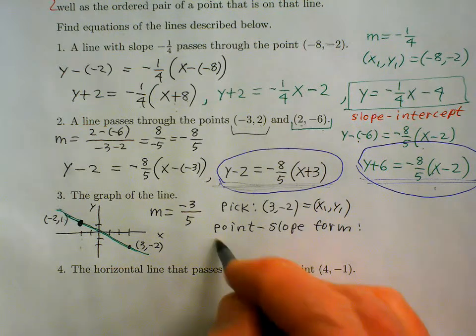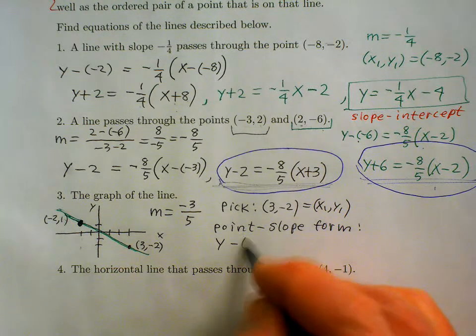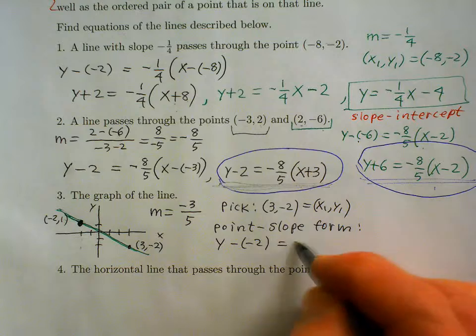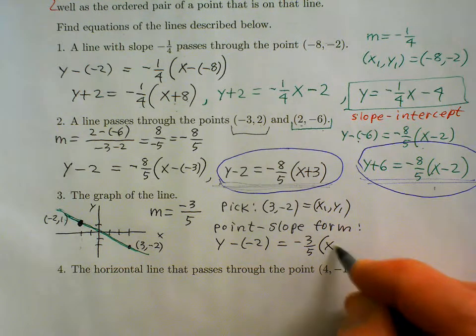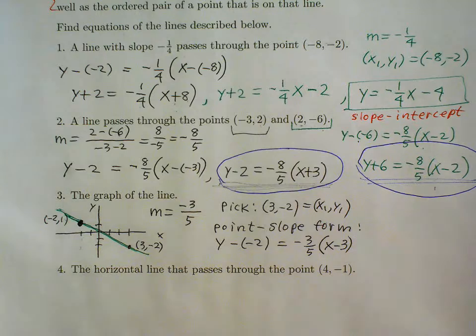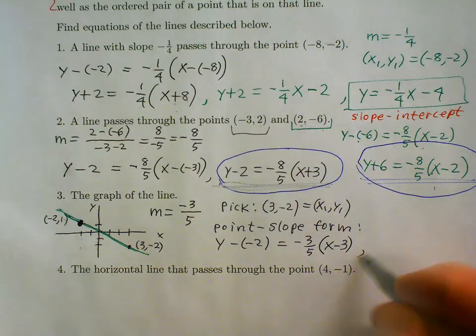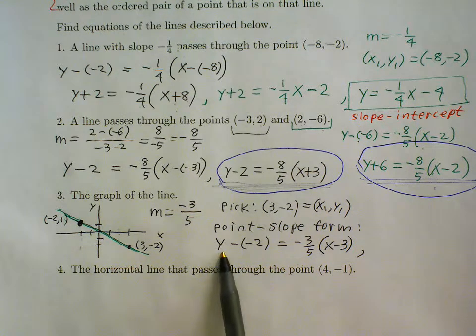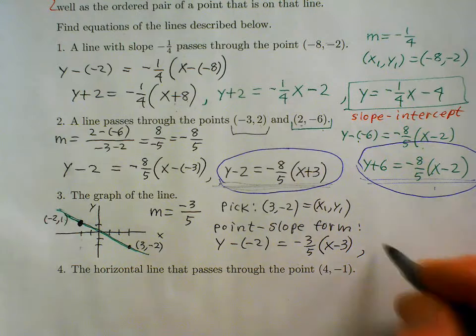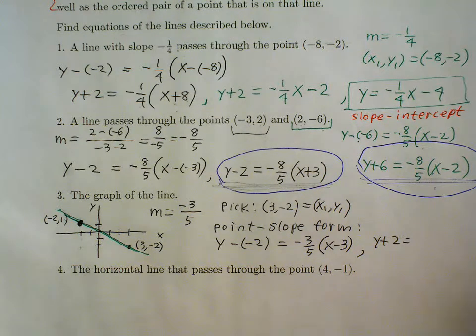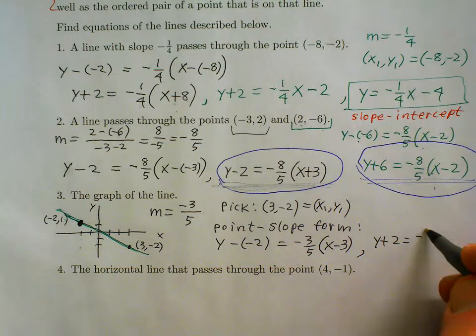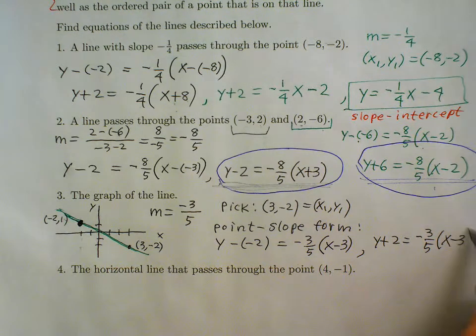So y minus -2 equals -3/5 times the quantity x minus 3. And then the y minus -2 should be simplified to y plus 2. Y plus 2 equals -3/5 times the quantity x minus 3.